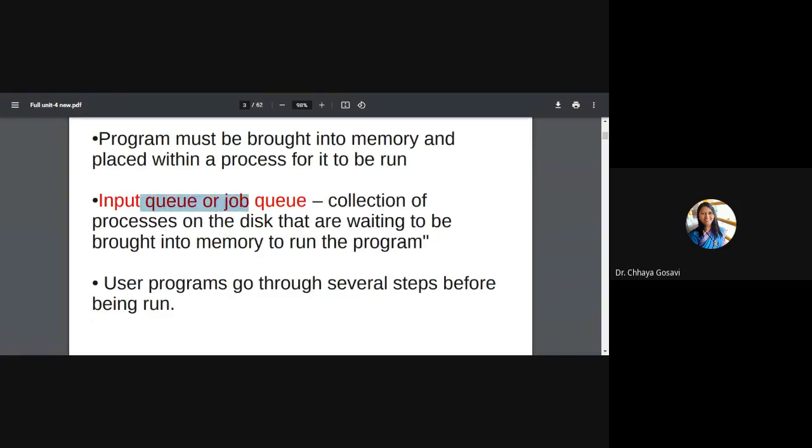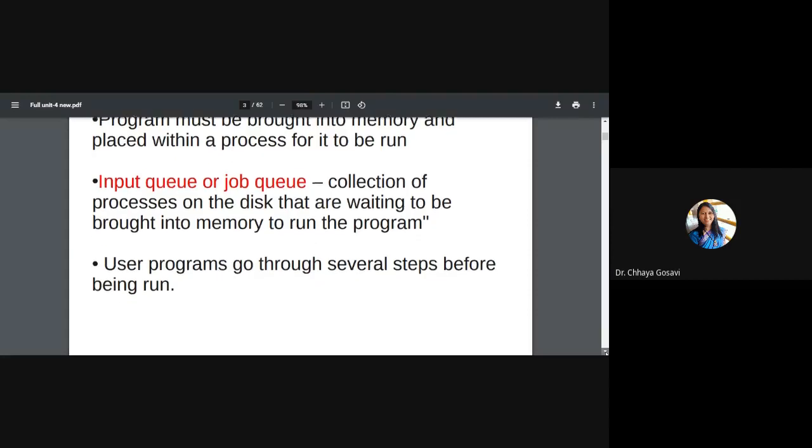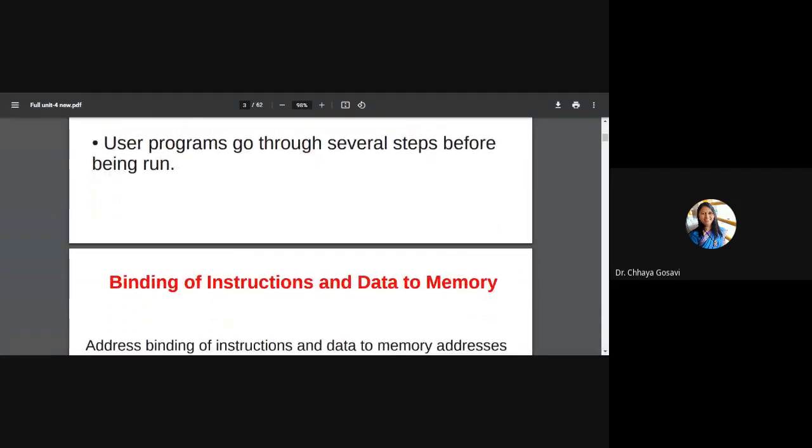The input queue or job queue is the collection of processes on the disk that are waiting to be brought into main memory to run, which is called the job queue. A user program goes through several steps before being run. We have seen all those steps or states: new state, ready to run, executing, terminated, or waiting for IO.